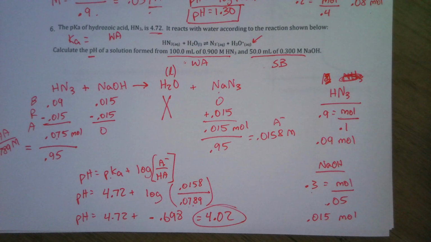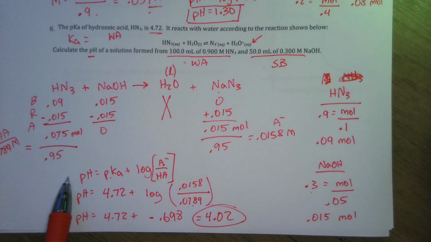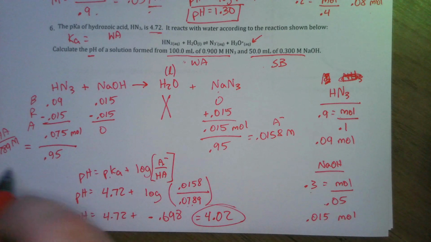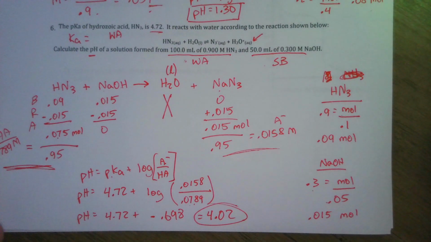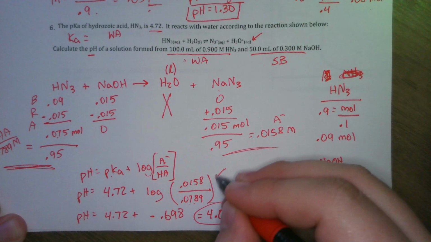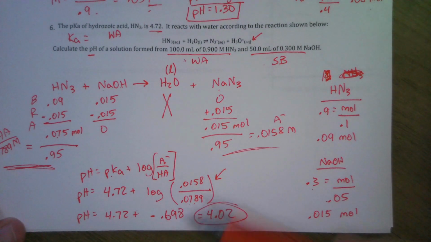It's very important to identify weak and strong acids and bases when you start the problem, because that's how you're going to evaluate your problem solving. An interesting quirk of this type of problem is that this step here and here is actually kind of optional. The reason being, all we care about when we do the Henderson-Hasselbalch equation is the ratio of acid and base to each other.